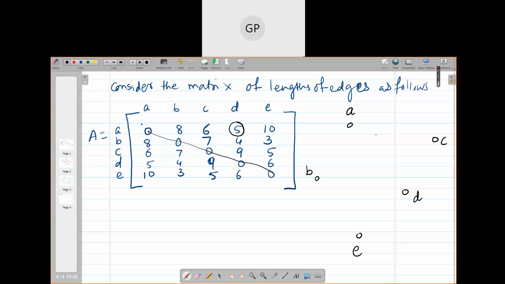So what that means, the salesman will start his journey from A. He should first visit the point or the city or the destination D, whose distance is 5 units. Are you getting this? Yes, ma'am.